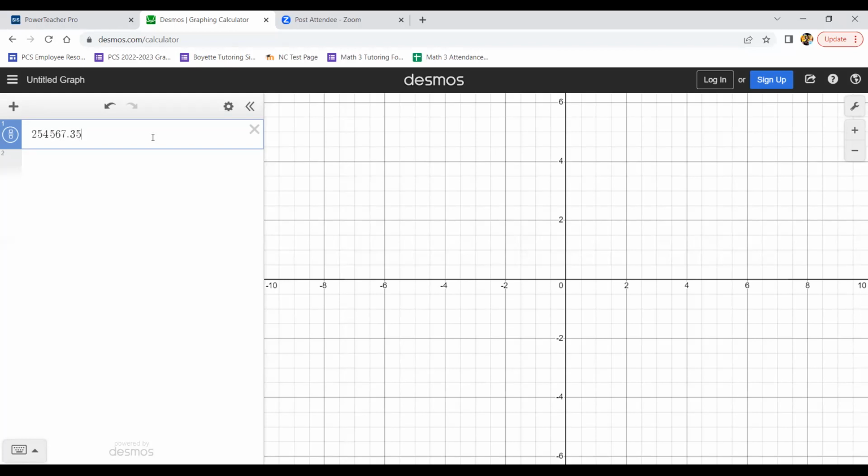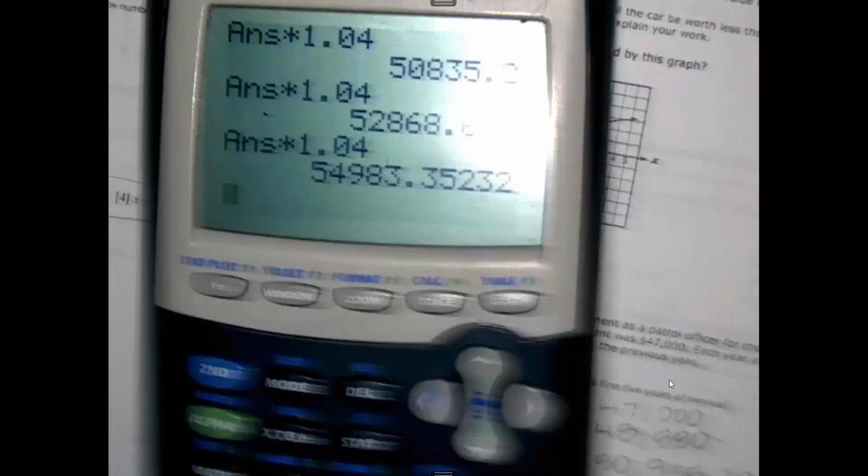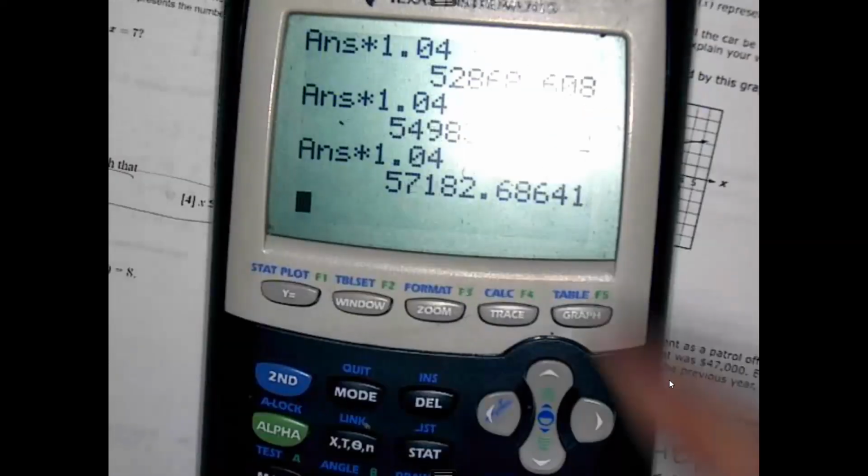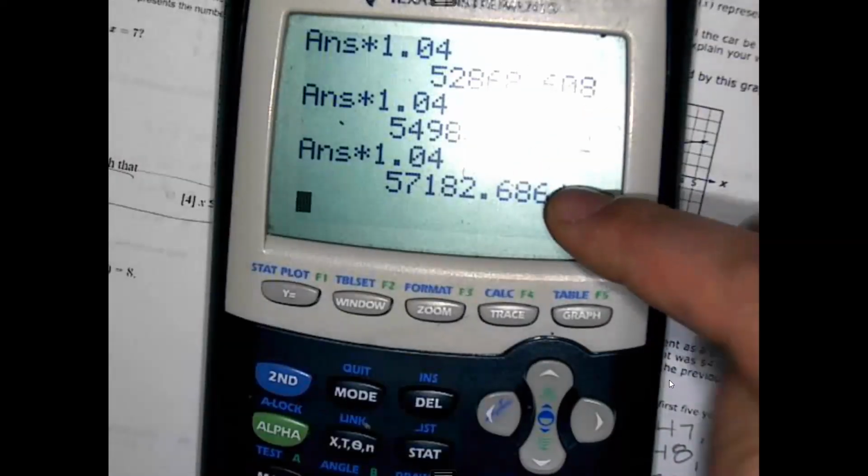On my calculator, I'm going to take that last salary that we ended up with. What was the last one? Okay. So what I'm going to do is I'm going to use just the two calculators that I have. And I'm just going to keep multiplying by 1.04 on this calculator so I can get the new totals.